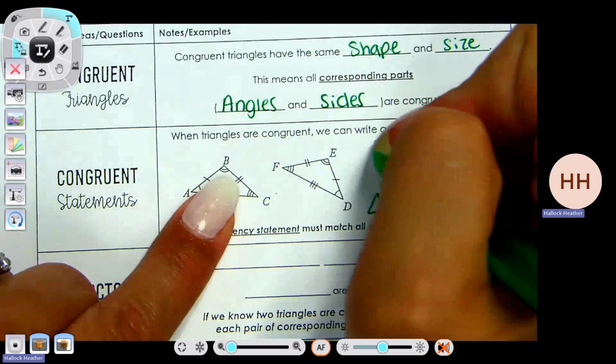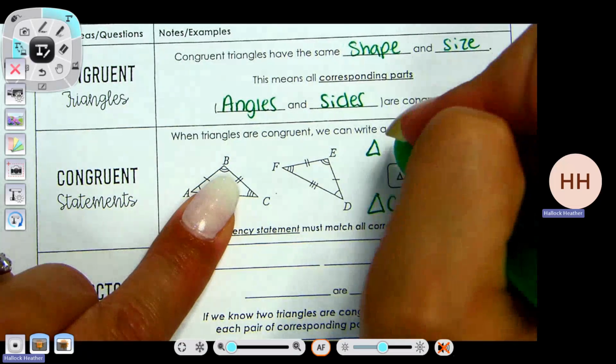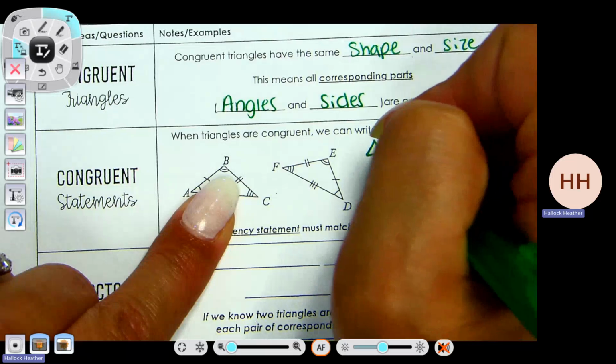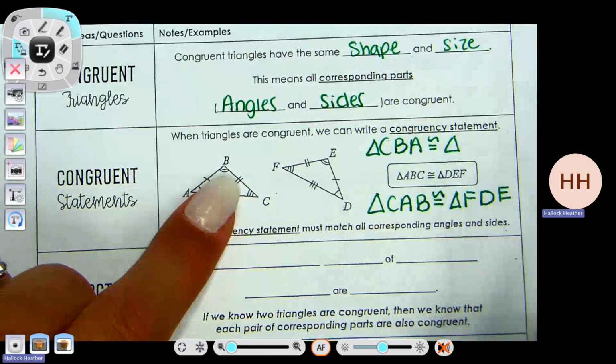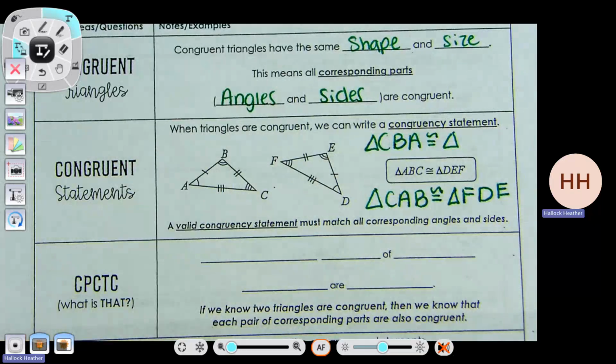So let's do one more. If I say triangle CBA, take a second, unscramble the letters in the correct order. C matches with a specific letter, B matches with a specific letter, A matches with a specific letter. Today, we are just focusing on matching and rearranging them in the proper order.